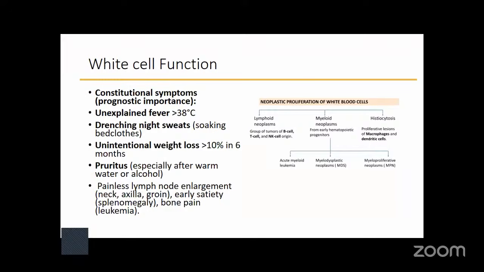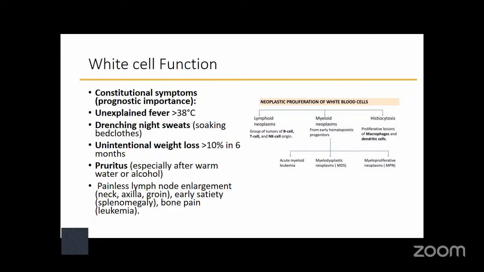Then we come to assessing for leukopenia or leukocytosis, basically white cell dysfunction, because, as I said, in your HPI, in a situation where you suspect the patient has a hematologic disease, you have to assess all three cells. So for white cell function, patients may be immunosuppressed, with recurrent infections, unexplained fevers, and lymphadenopathy. They can have fever, night sweats, and weight loss greater than 10% in 6 months.